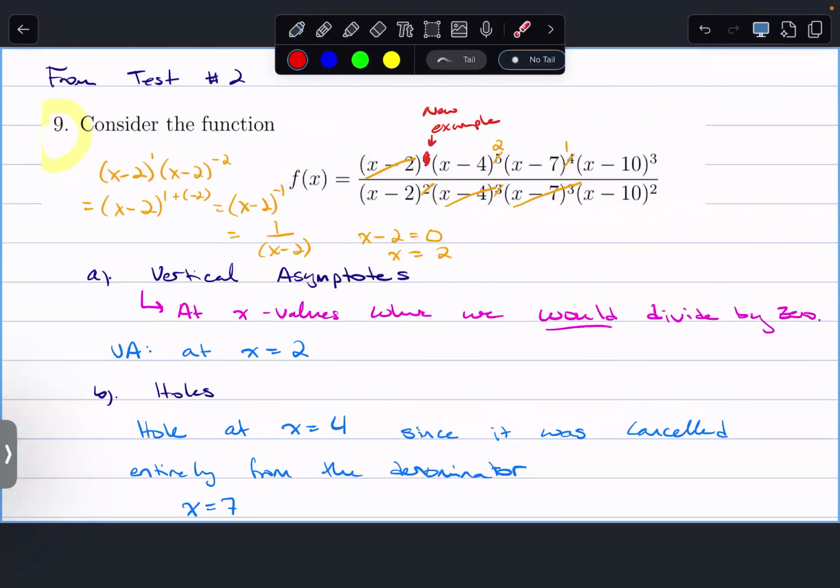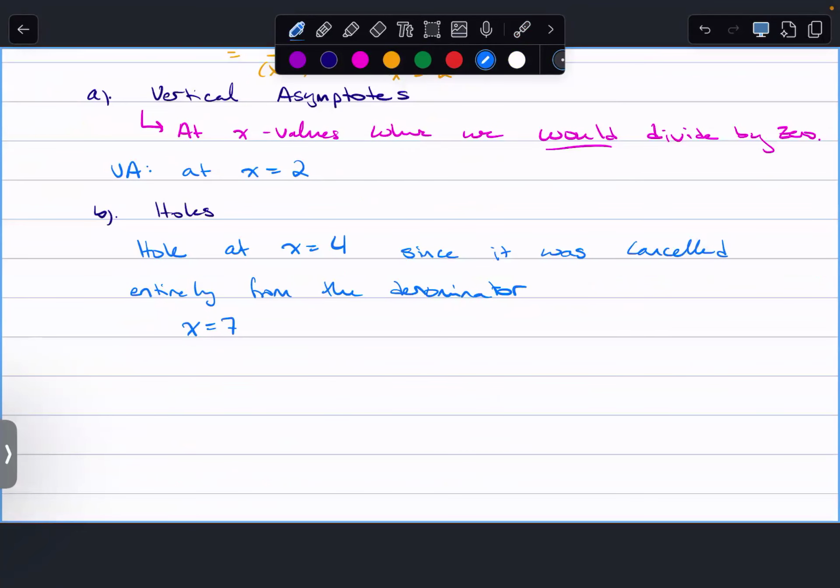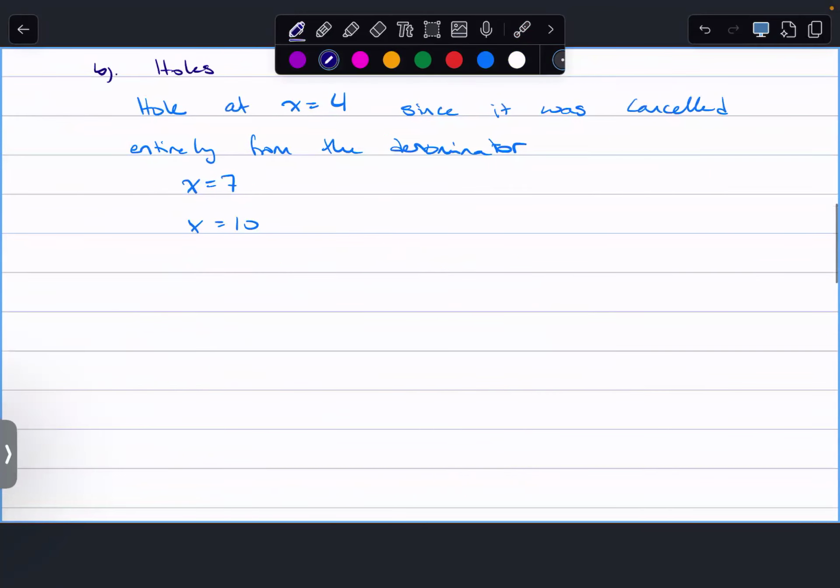And finally, same thing here, x minus 10 to the 3 over x minus 10 to the 2. It's kind of a boring one. 3 minus 2 makes 1. So we also have one at x equals 10. Let's make up another one.